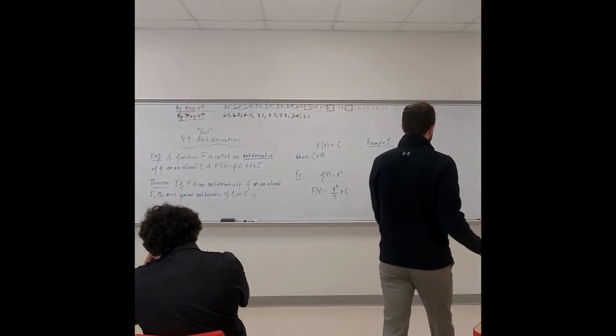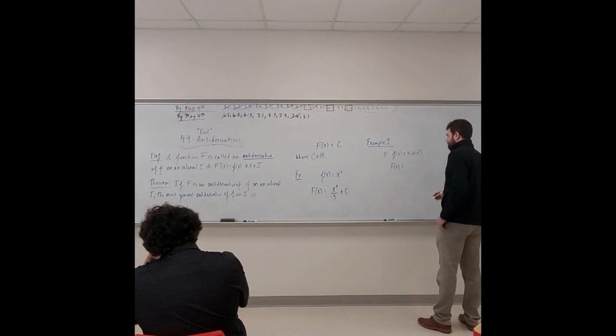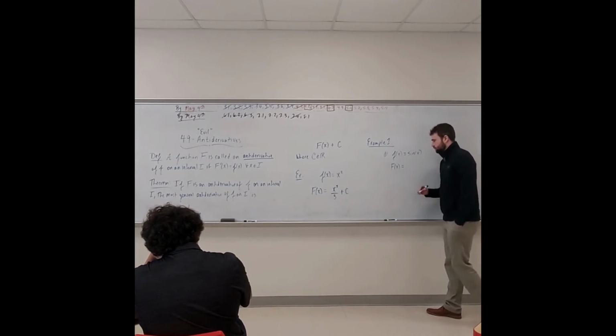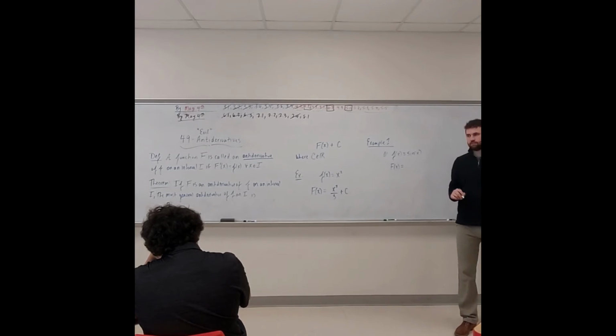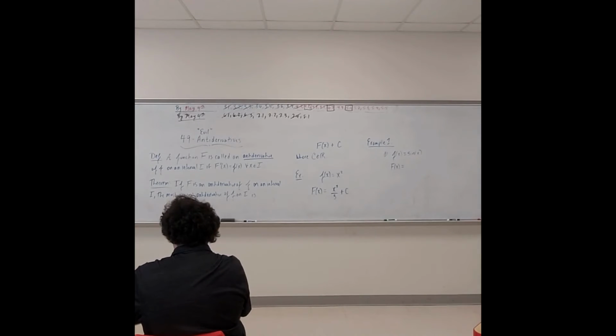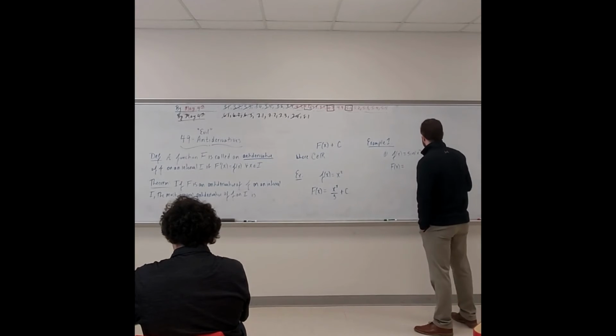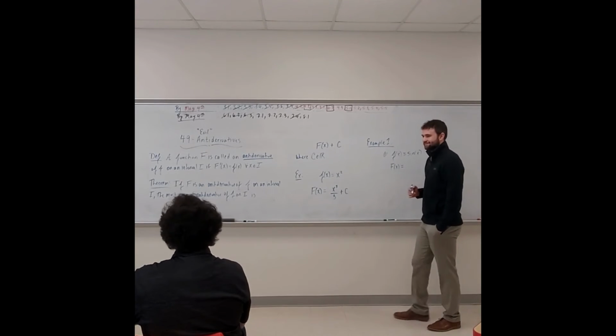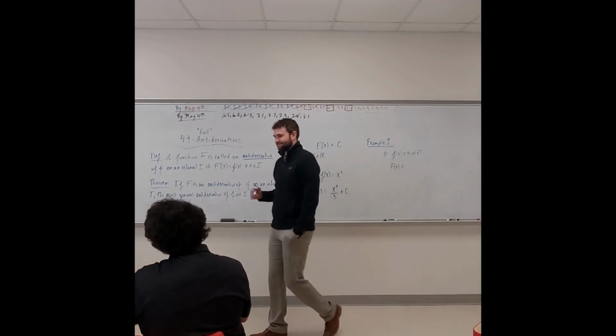What can I take the derivative of to get sine? Makes your brain hurt a little bit because you're so used to going the one direction. Now go the other. Cosine. Negative cosine.